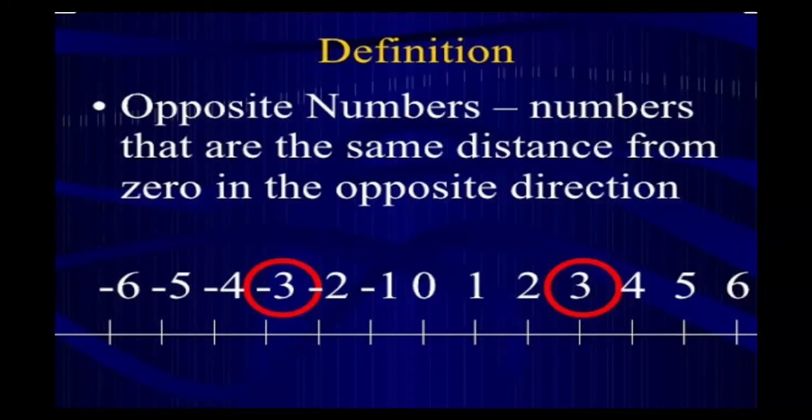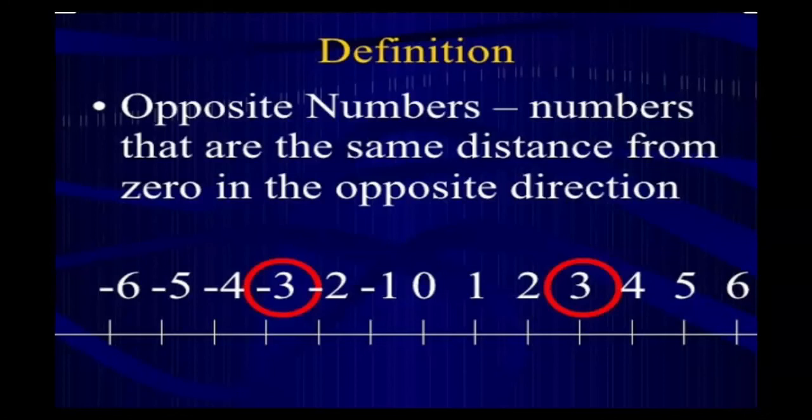As you see all the numbers represented, the positive numbers and negative numbers, both are equidistant: 1 and minus 1 from 0, 2 and minus 2 from 0. Such numbers are known as opposite numbers. So minus 3 and 3, I'll call them opposite numbers.